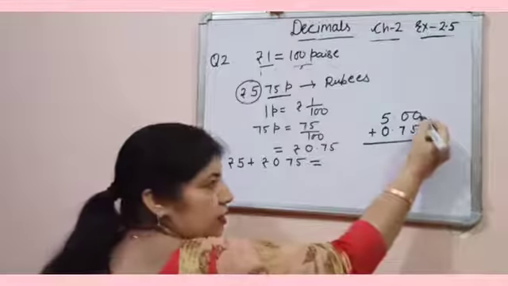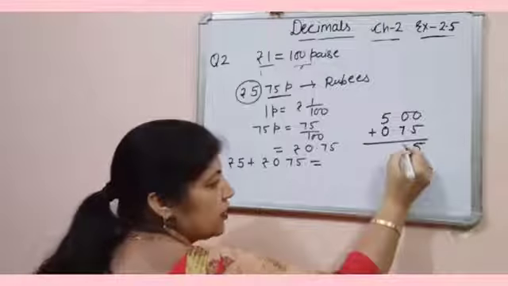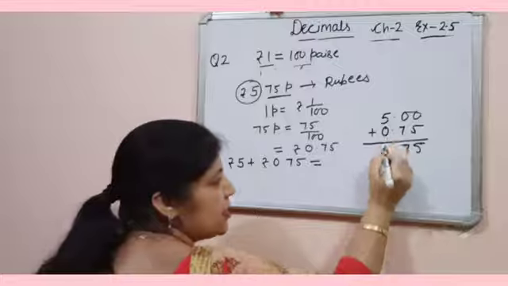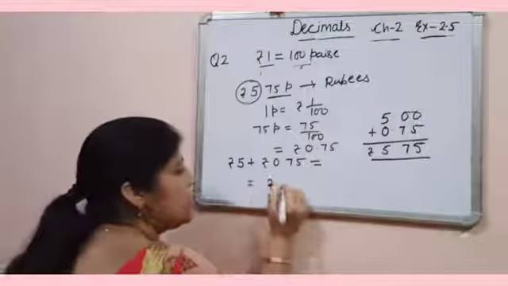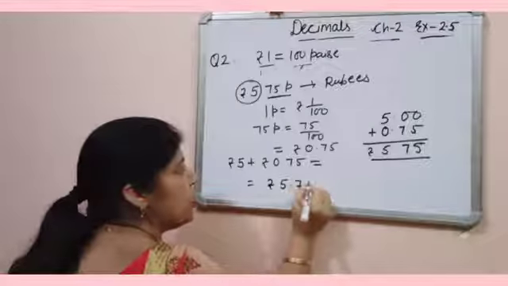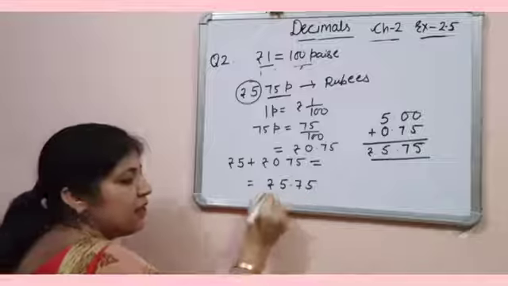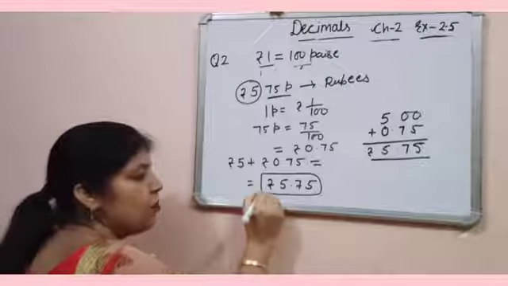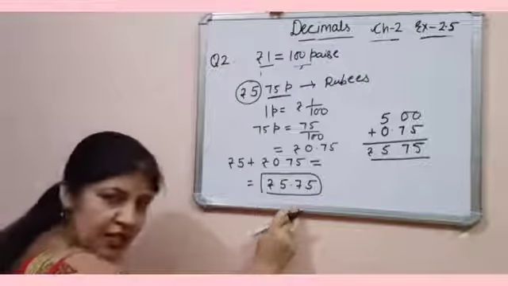This is the hundredths place, so you add the hundredths digits, then the tenths place, and this is the units place. So it will be rupees 5.75. Now your number has been converted into decimal form, or you can say into the bigger unit. Is that clear?